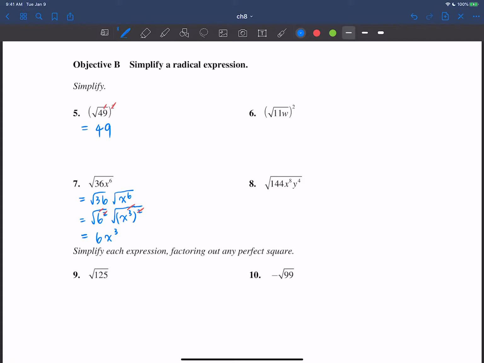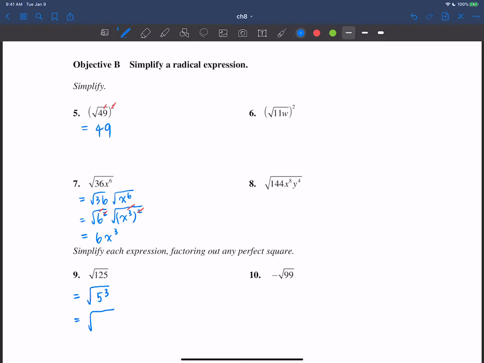Simplify each expression, factor out any perfect squares. So it's the same idea. Square root of 125, we're going to rewrite that radicand as a perfect square multiplied by whatever's left. So 125, if I rewrite that, it's actually a perfect cube. It's 5 to the third, and this is an odd exponent. For any odd exponent, you could always rewrite that as an even exponent plus 1.